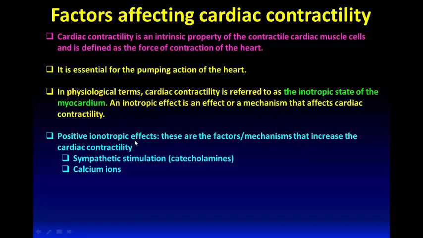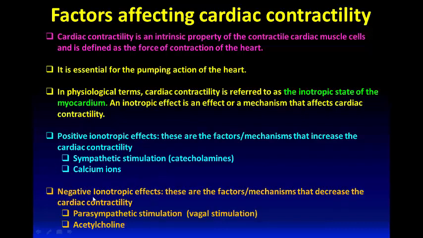Positive inotropic effects are the effects or the factors and the mechanisms which increase the force of contraction, which increase cardiac contractility. For example, sympathetic stimulation and the release of catecholamines, norepinephrine and epinephrine, and an increase in the calcium ions in the sarcoplasm of the myocytes, they all have positive inotropic effects.